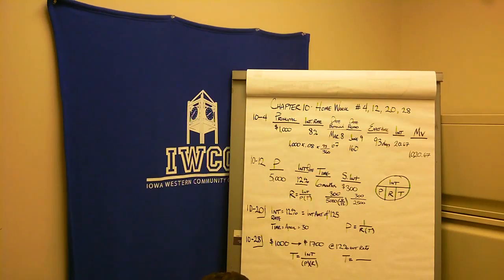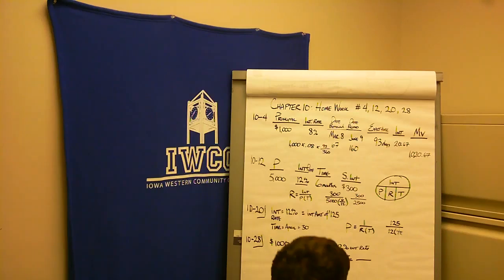Number 20, we have an interest rate of 12%, and the interest amount is $125. Figure out the principal, and our time is a month, or April is 30. So we have our 125 divided by 12 times 1 month out of 12.